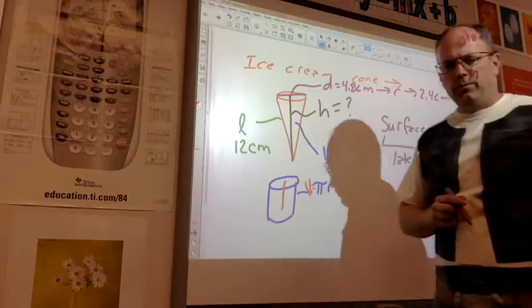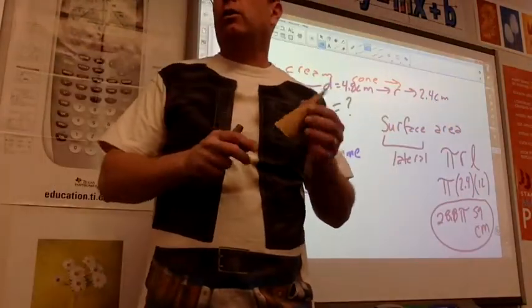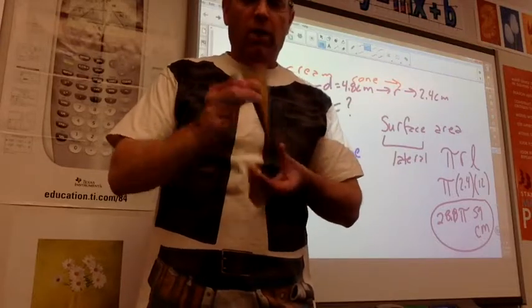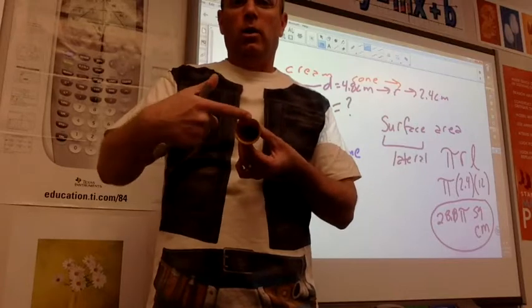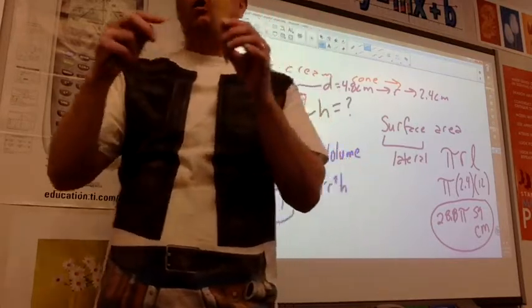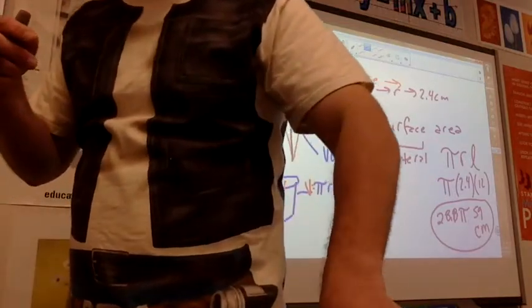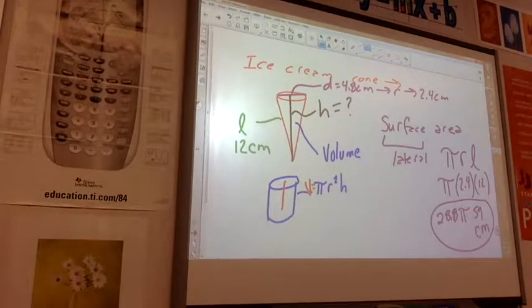Quick question. Math has all kinds of things that are wonderful. If I had taken this ice cream cone and I made it a cylinder, so the top and the bottom were the same size circle, how many of these ice cream cones do you feel would fit as far as a cylinder would go? 2/3.